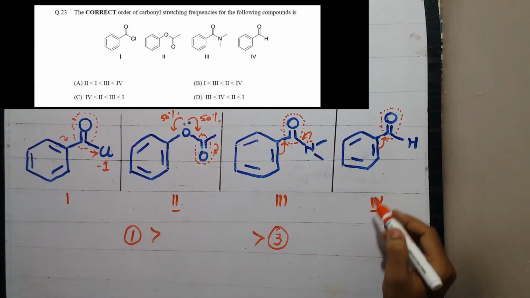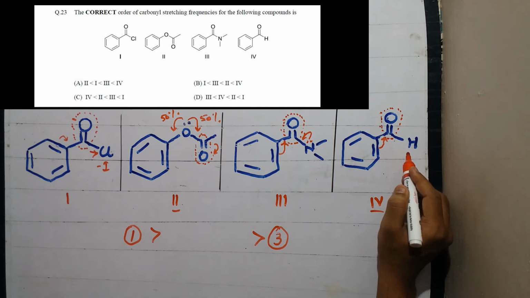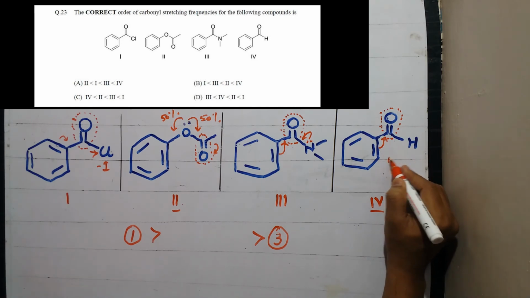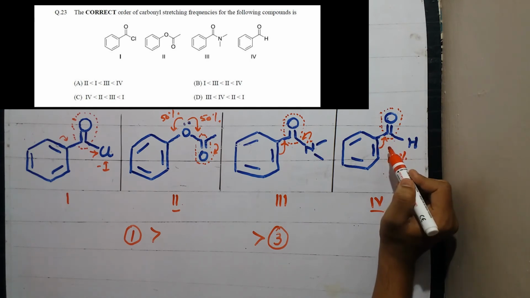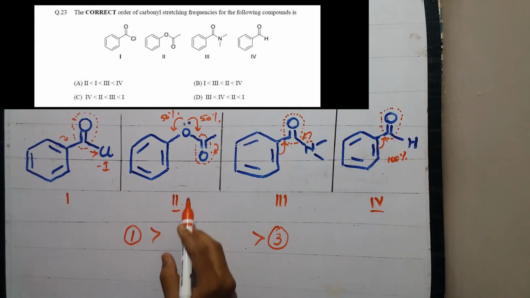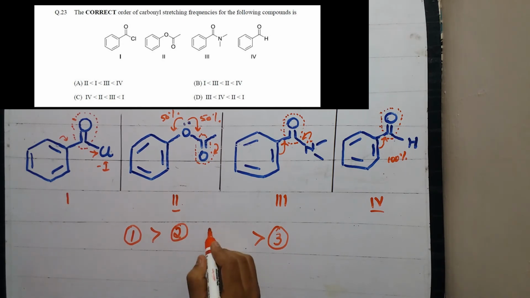But in the fourth option, as hydrogen plays no role, there is a 100% probability of delocalization of the benzene ring with the CO, hence the second would have a greater nu CO than the fourth one.